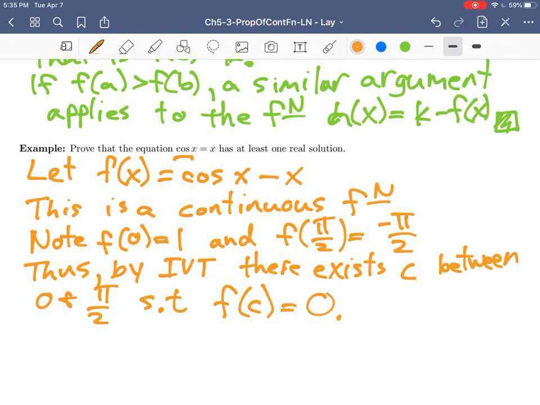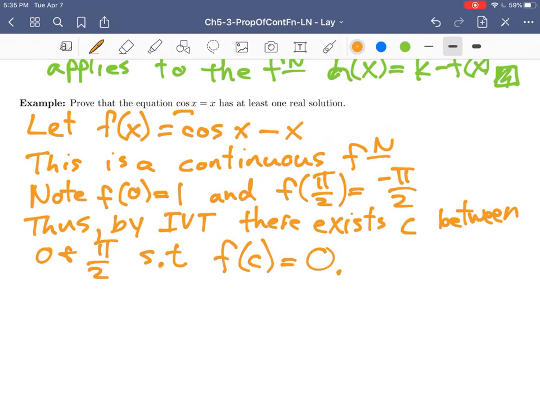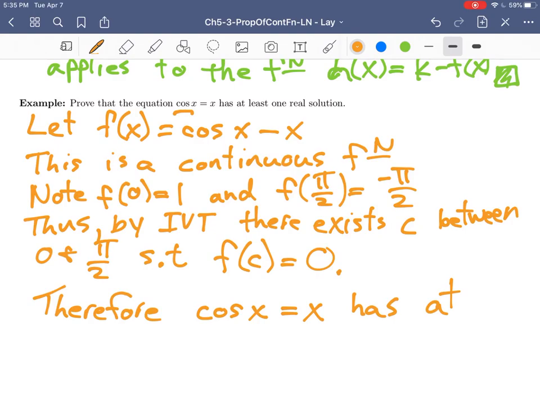So there's some choice that gives f of x an output of 0. Therefore, cosine x equals x has at least one real solution.